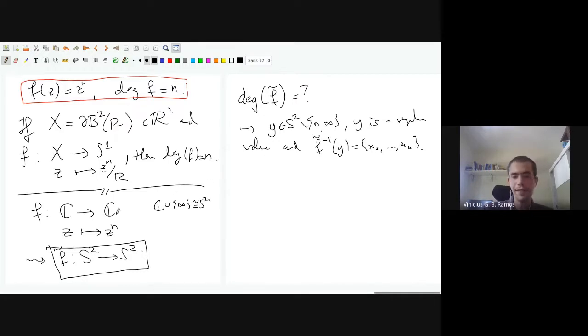You can check that the sign is the same. So this tells you that the intersection number of f tilde and y is going to be n.